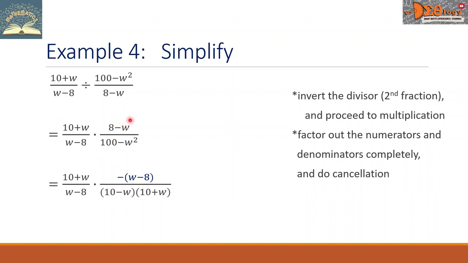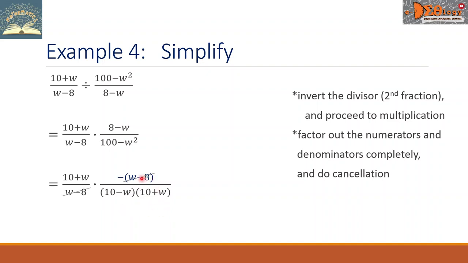This 8 minus w, we want to show that this is equal to w minus 8, but we should write it like this: the negative of the quantity w minus 8 all over, we factor out 100 minus w squared. Factors are 10 minus w times 10 plus w. Now let's do cancellation.